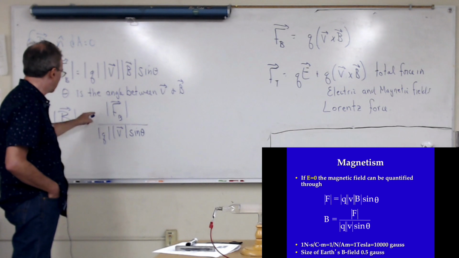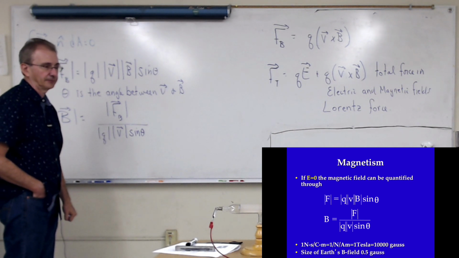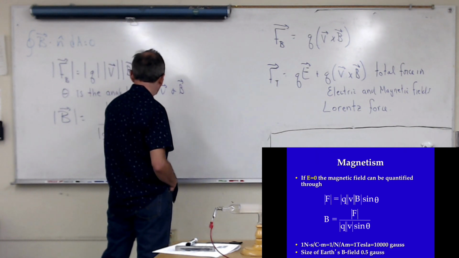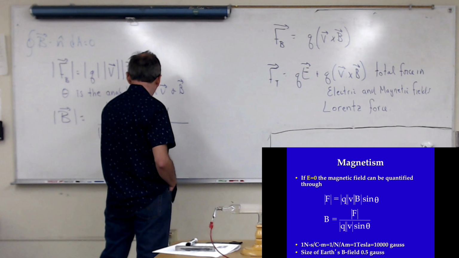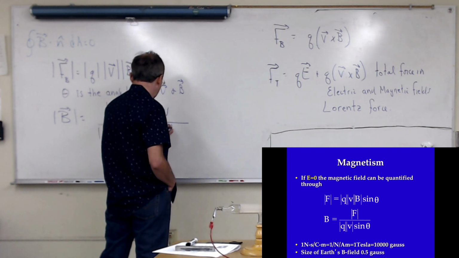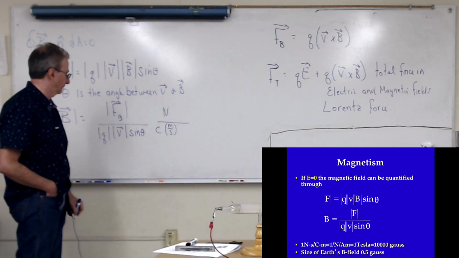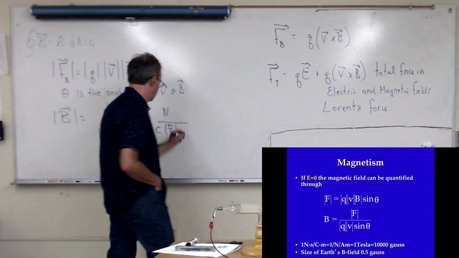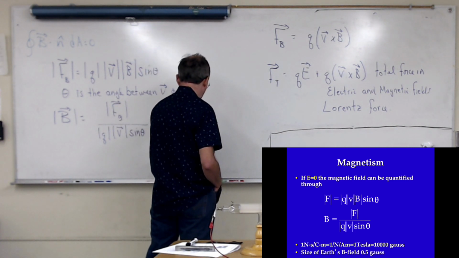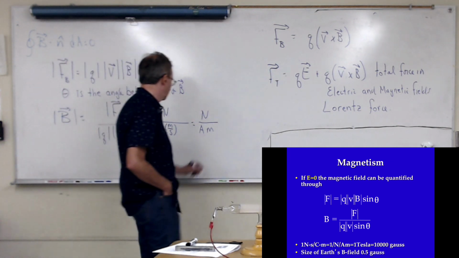It's the force divided by Q V sine of theta. And if you look at it, it's a Newton divided by a Coulomb meter per second, which is a Newton over amp meter. And this is a Tesla.